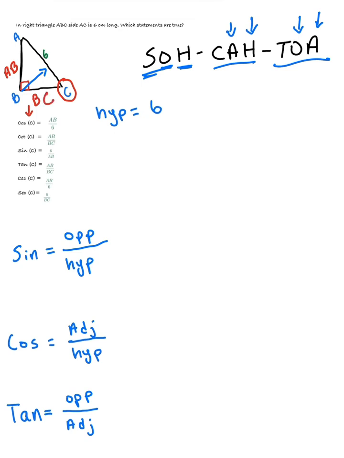AB, BA, it doesn't really matter. Just know it's that side and this other side. Looking at it from the perspective of C, the opposite is going to be AB, so I write OPP equals AB. And what's adjacent is going to be BC.